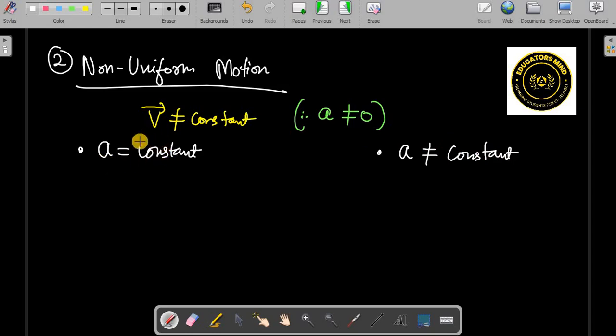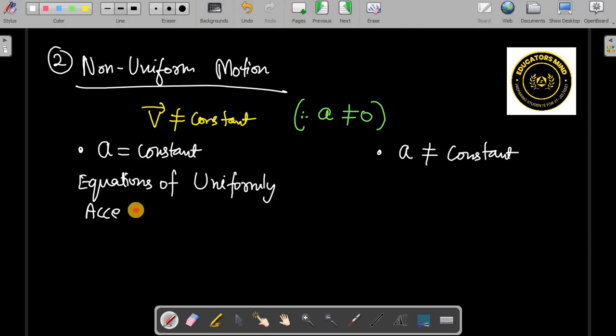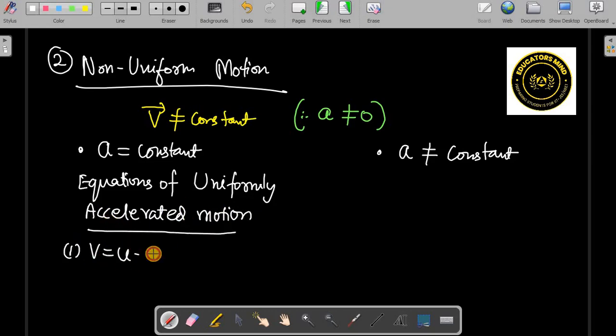When acceleration is constant, we have the equations of motion of uniformly accelerated motion. There are three equations. V equal to u plus at. Second, displacement x: x equal to ut plus half at square.